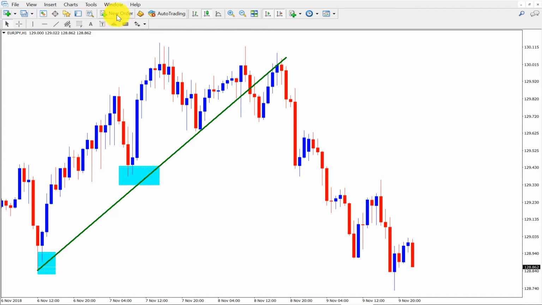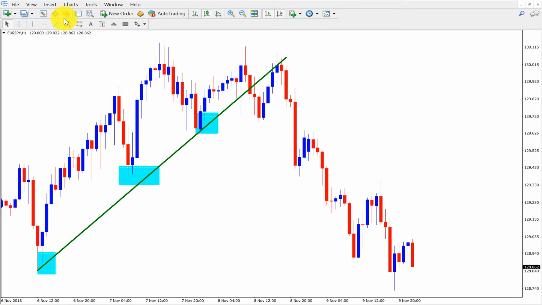Actually, the thing is, there is no perfect price in the market. Like this is a point, this is a point, this is also a point, because this price is very near the trend line.